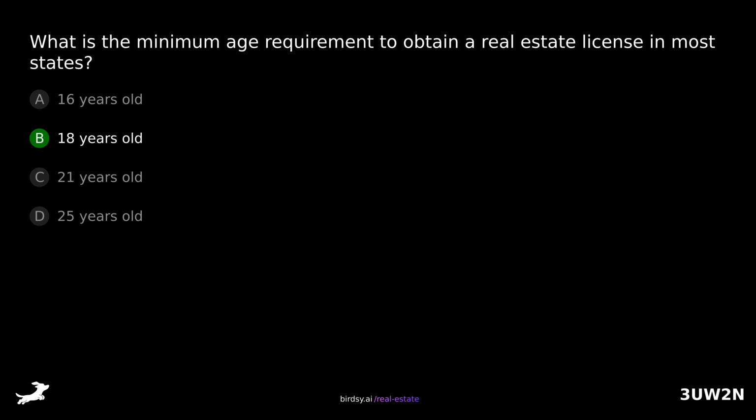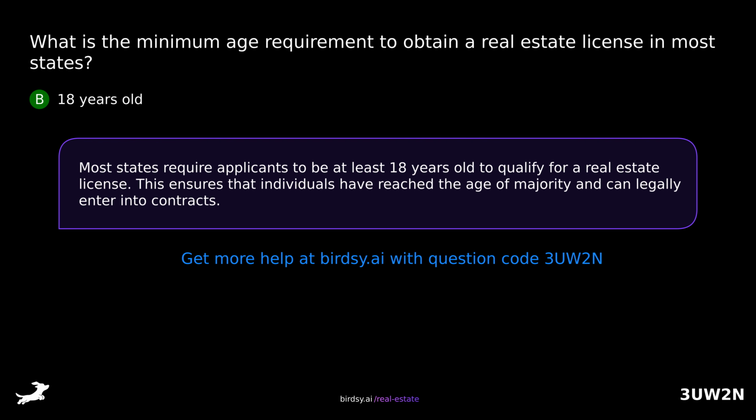The answer is B, 18 years old. Most states require applicants to be at least 18 years old to qualify for a real estate license. This ensures that individuals have reached the age of majority and can legally enter into contracts.